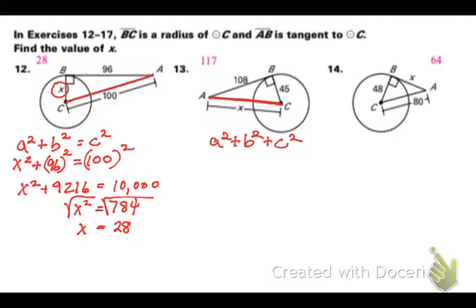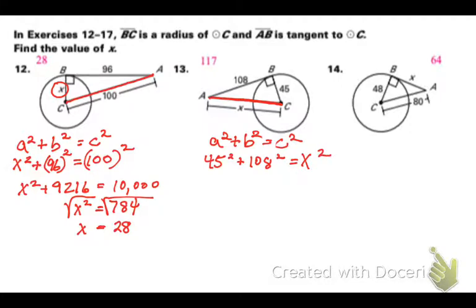Okay, let's try 45 squared plus my other leg, 108 squared, equals x squared.